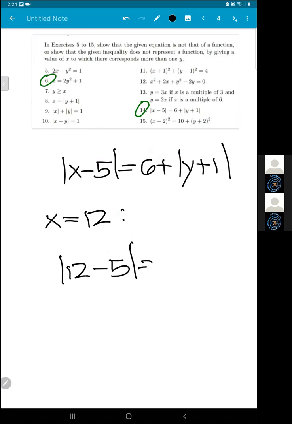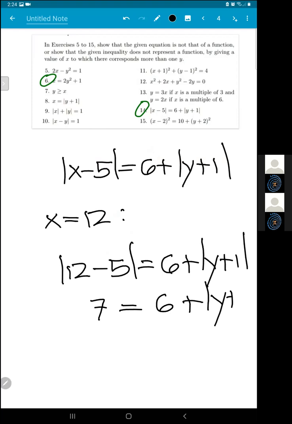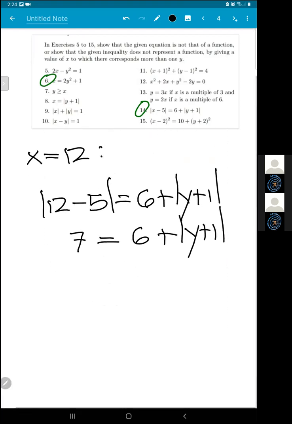Solve for y. So this is 7. But when you transpose 6, it won't become negative, so you will be able to get solutions for y. Now remember when we did equations involving absolute value, you just have to consider all the cases or possibilities, plus minus 1.